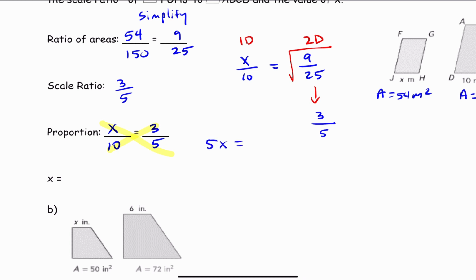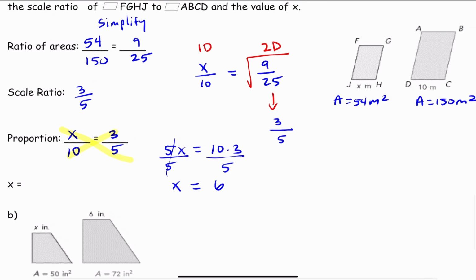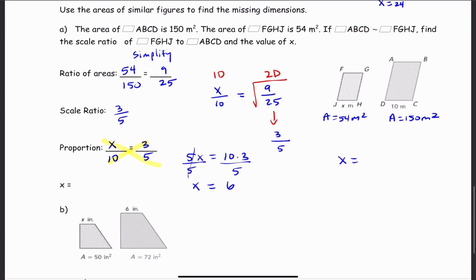So 5x equals 10 times 3. Divide both sides by 5. The two 5s will cancel. So x equals 10 times 3, which is 30, divided by 5 is 6. So x is 6 meters. And that's your answer.